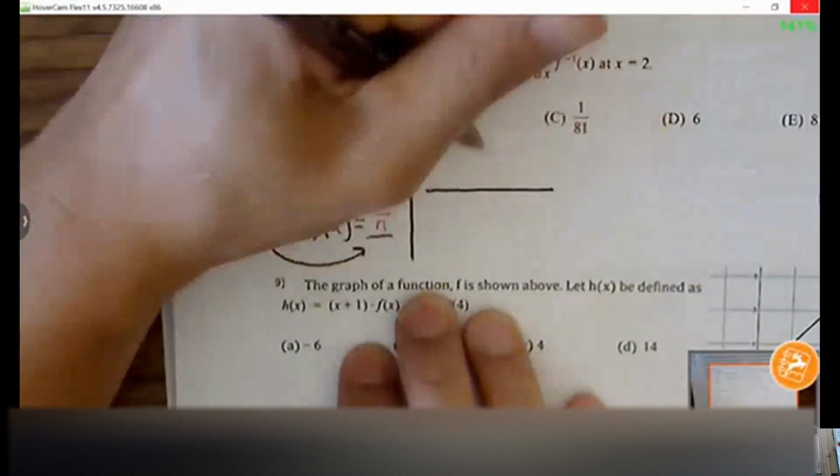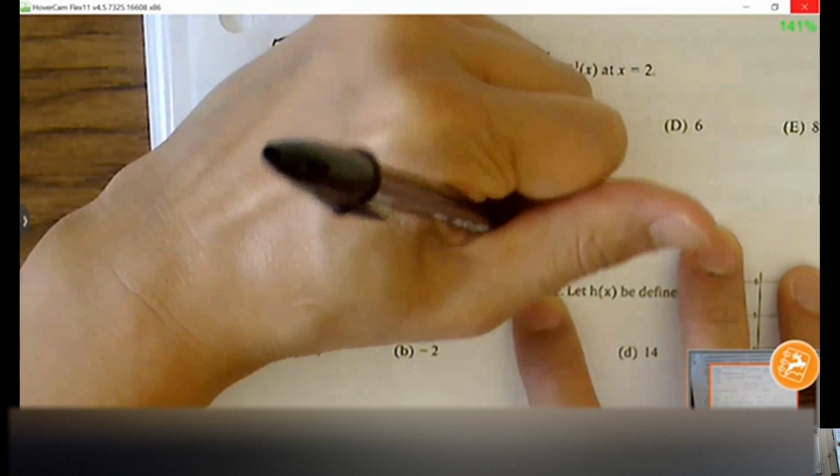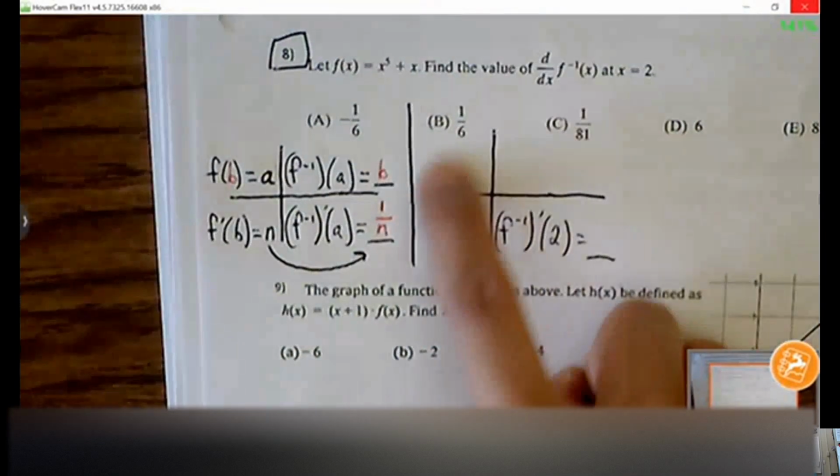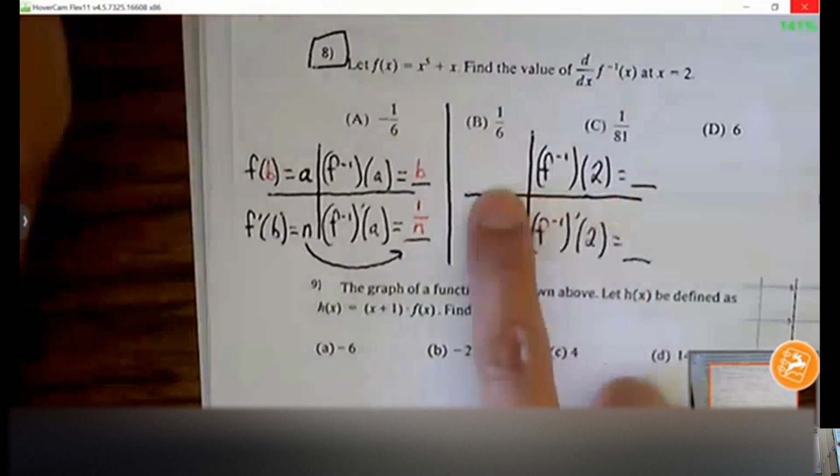So let's do it for this problem here. I'm trying to find the derivative of the inverse at 2. I'll make my way around this chart here. I know 2 is the x value of my inverse, but we also know that 2 is the y value of my original.